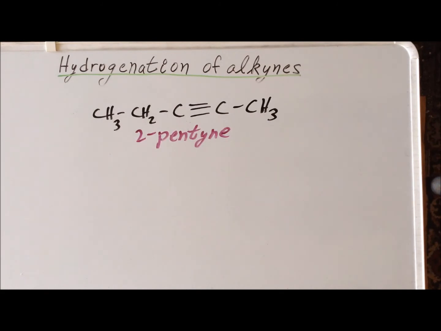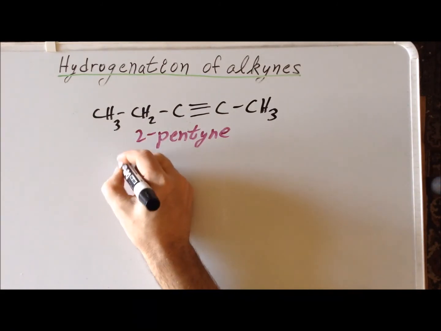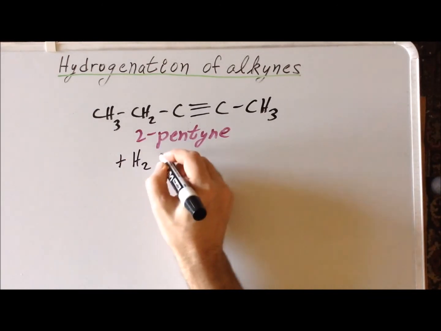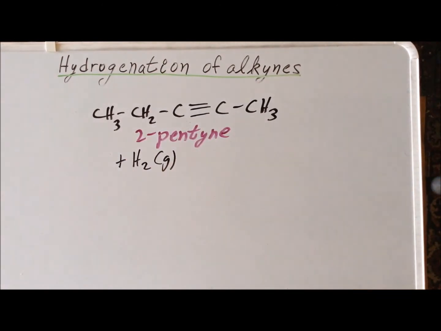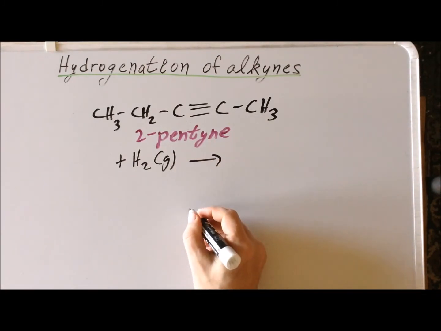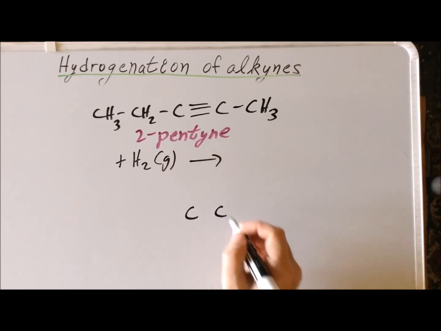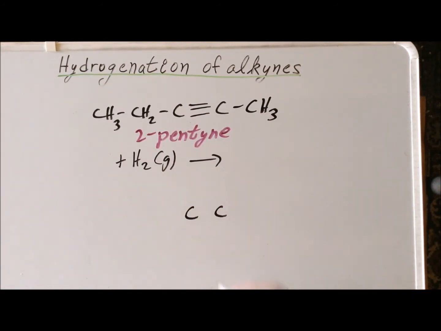But now, let's catalytically hydrogenate 2-pentyne. So we want to react with hydrogen gas using a suitable catalyst to stop at the alkene stage. Let's first put down our carbon-carbon triple bond. Once it reacts with hydrogen, this is going to transform into a carbon-carbon double bond.